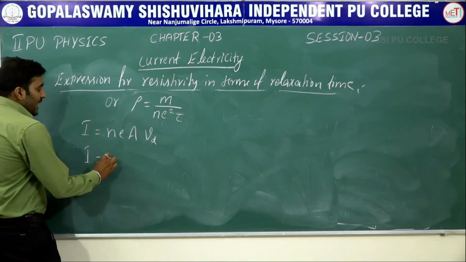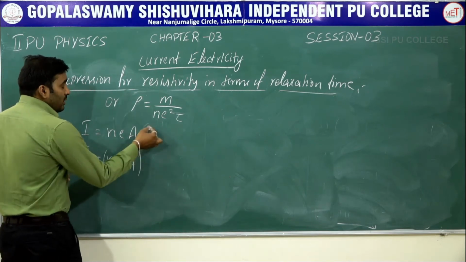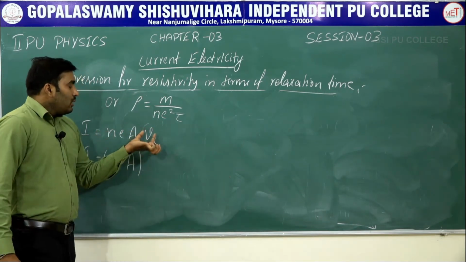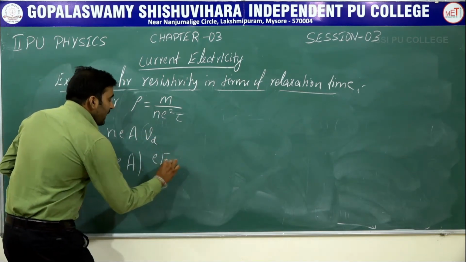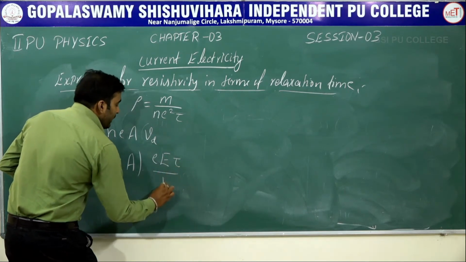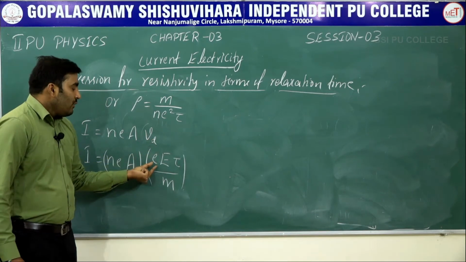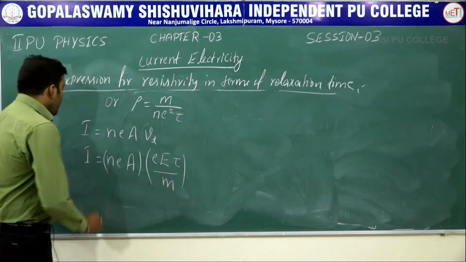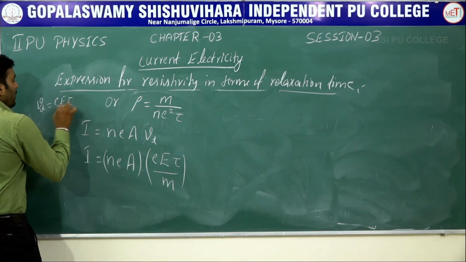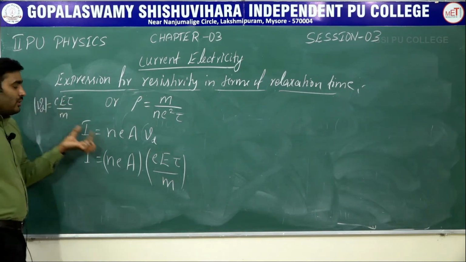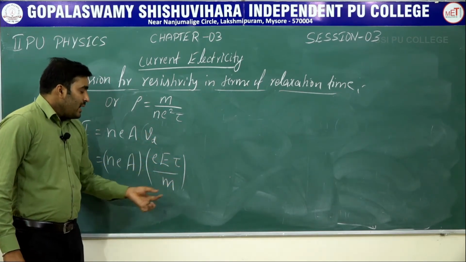So I write this as n into e into A, and we know the equation for drift velocity is e into E tau divided by m. I am writing only the magnitude of drift velocity, because we know the equation for drift velocity, Vd is equal to E tau divided by m. That is why we have substituted Vd as e into E tau divided by m.